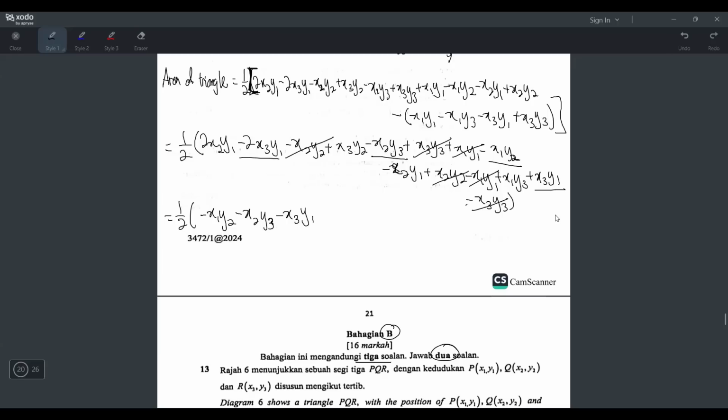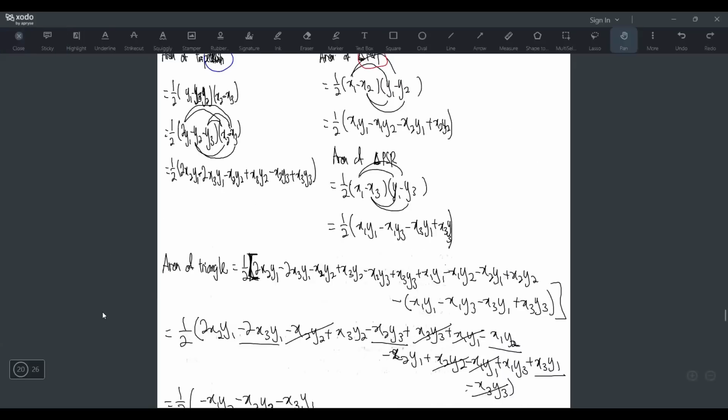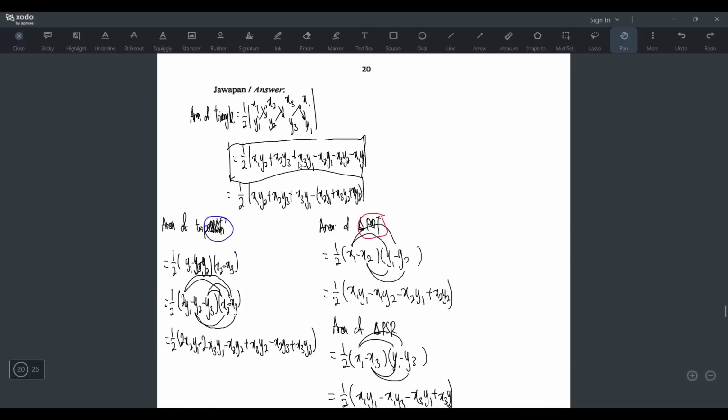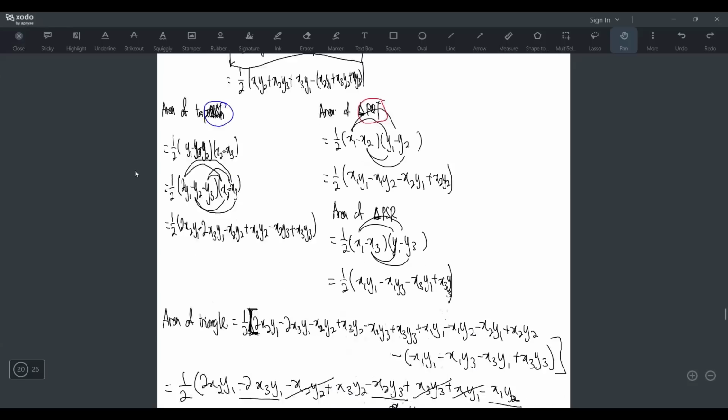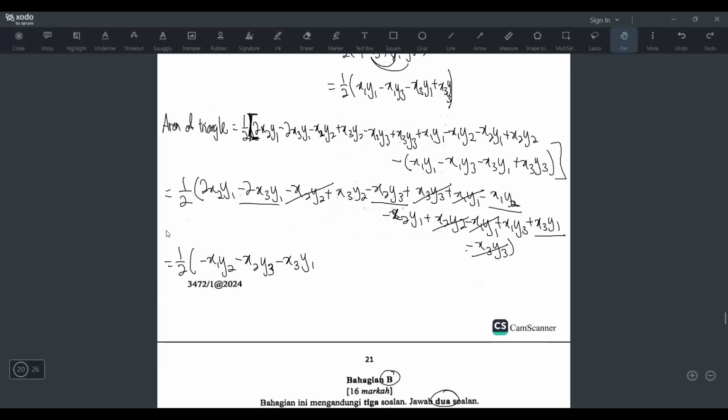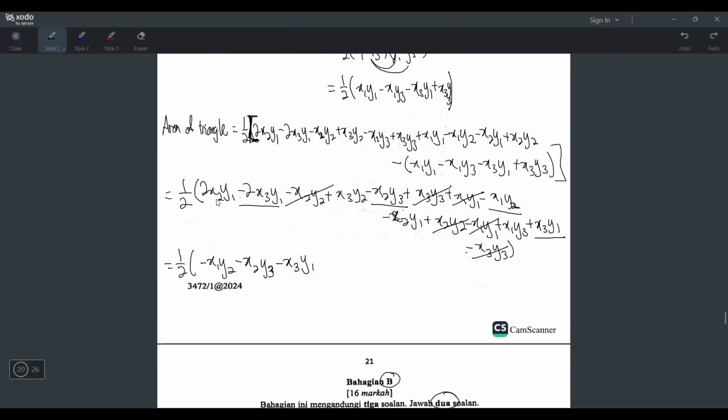Okay, the next one, let's refer to the formula and see how they write it. So the next thing they write is minus x2, y1 minus x3, y1, y2. So minus x2, y1. Let's try. Where is x2, y1? Okay, this one is x2, y1. Does it have a friend? Okay, there is one friend here, x2, y1, right?